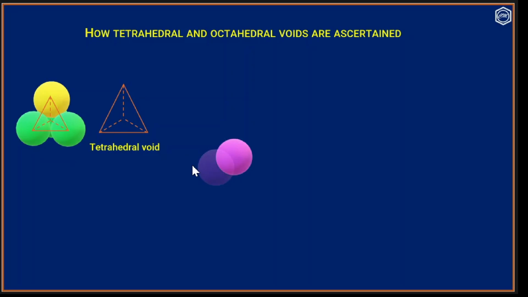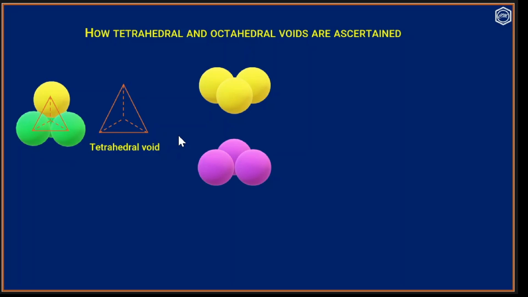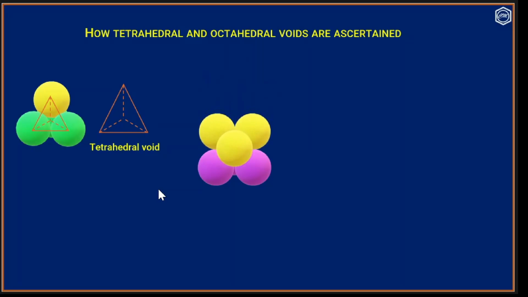Now let us consider 3 atoms of the first layer, and we are considering again 3 atoms from the second layer. They come in a staggered manner. So when we place it like this, we get a structure, and inside that there will be a void. Now connect this atom with these 4 atoms.